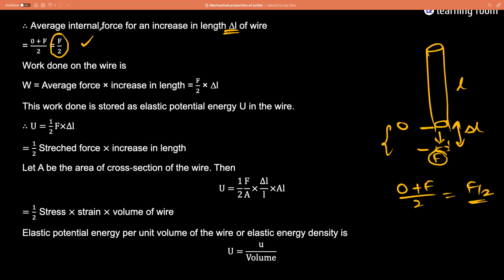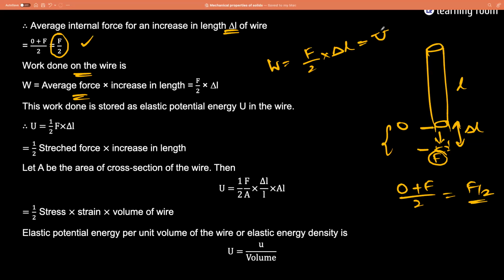Now, this force is the one which is doing the work on the wire. So the work done on the wire is the average force multiplied with the displacement that the wire has experienced. How much is the displacement? From 0 to this point, it has experienced a displacement of delta L. So work done is F by 2 into delta L. But what did I tell you?